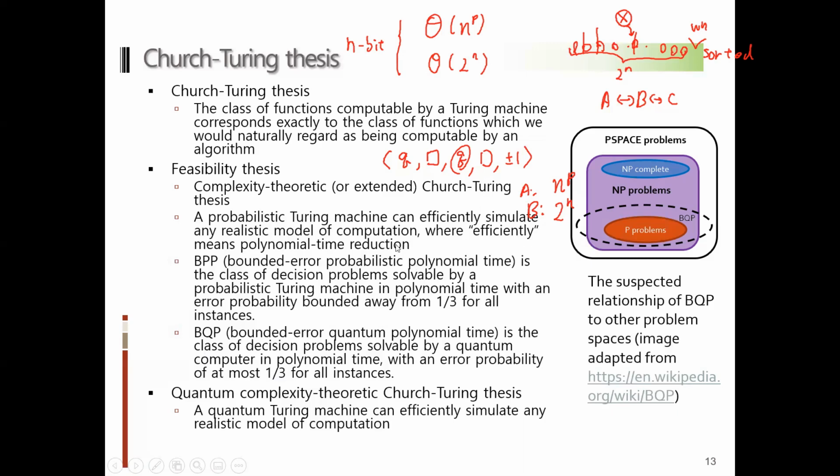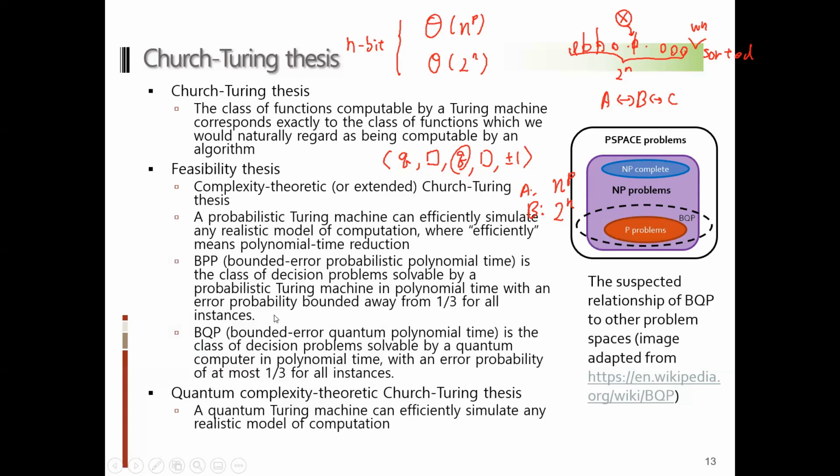And in this case, we also define the BPP class, and BPP means bounded error probabilistic polynomial time. This class is the class of decision problems solvable by a probabilistic Turing machine in polynomial time, with an error probability of at most 1/3 for all instances.